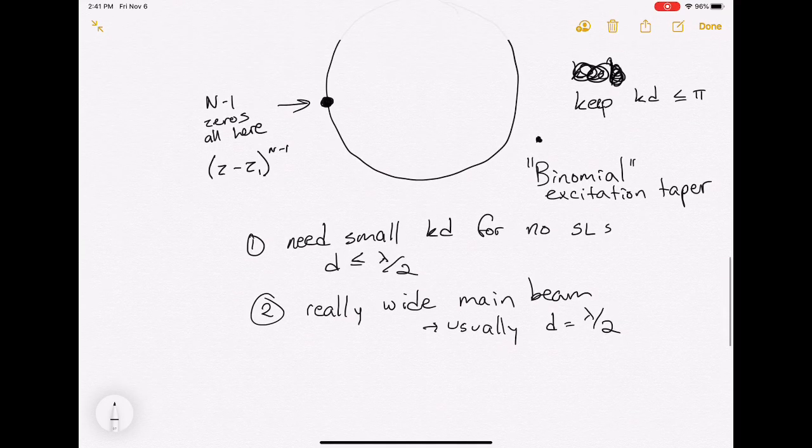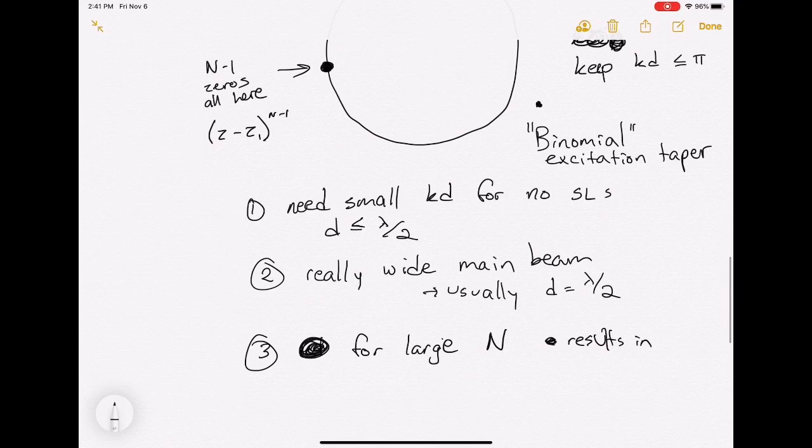And a third thing: for a large total number of elements, it results in large current ratios between the elements.